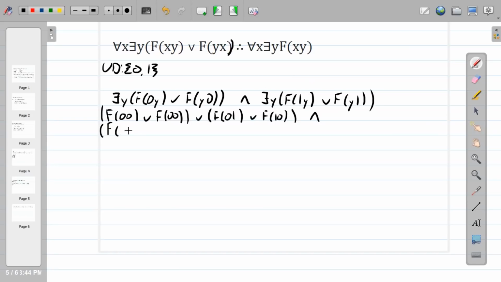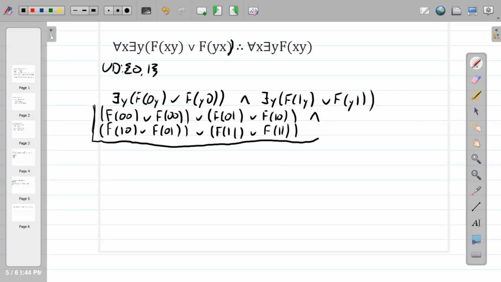F10 or F01 or F11 or F11. Bracket. Okay. So there's premise 1 fully expanded. If you want to be nice to your TA, you can draw a little box around your final expansion, to make sure that they know what it is.